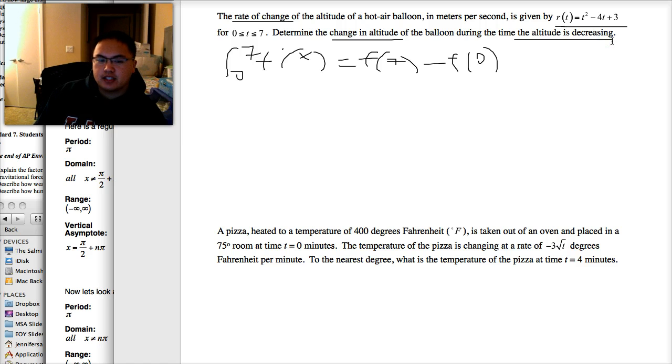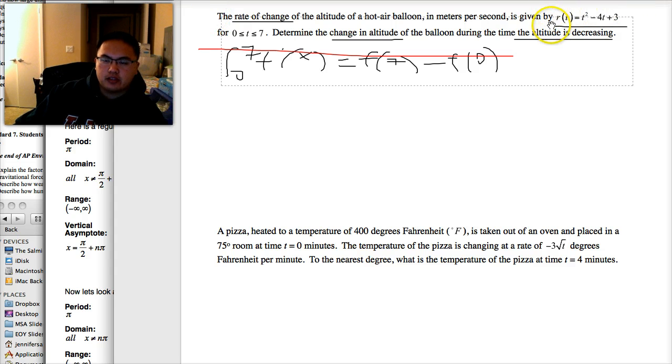So we're going to review something that you learned last semester and see if you remember it. So this is wrong. Before I even figure out what numbers these should be, I need to figure out when the altitude is decreasing. This one says rate of change.